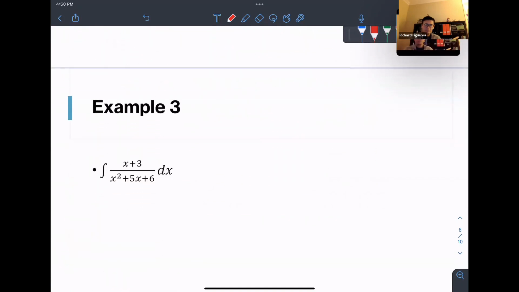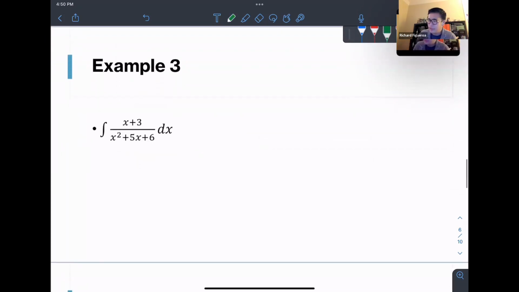Next. So this is another ratio. Kaya lang, pag ang u natin is x squared plus 5x, our du will be 2x plus 5.